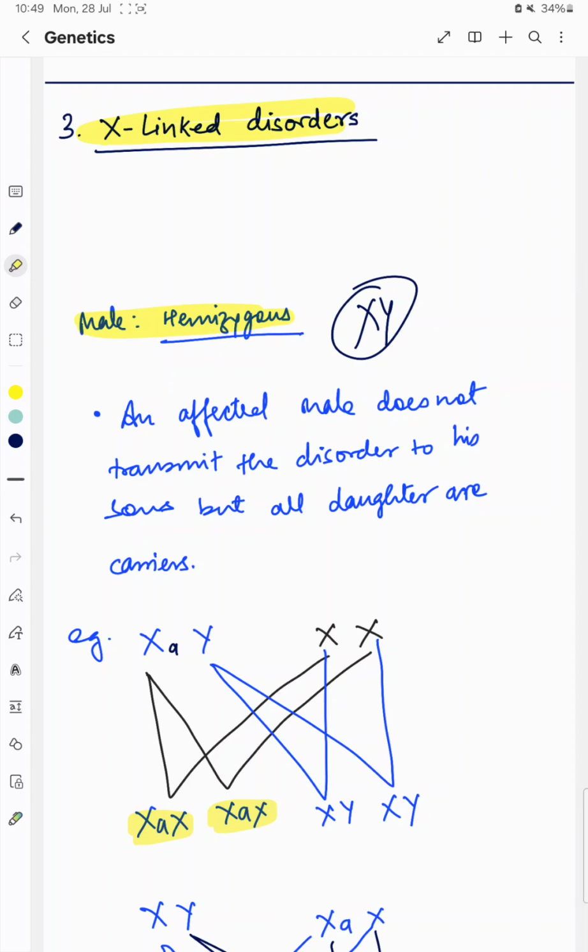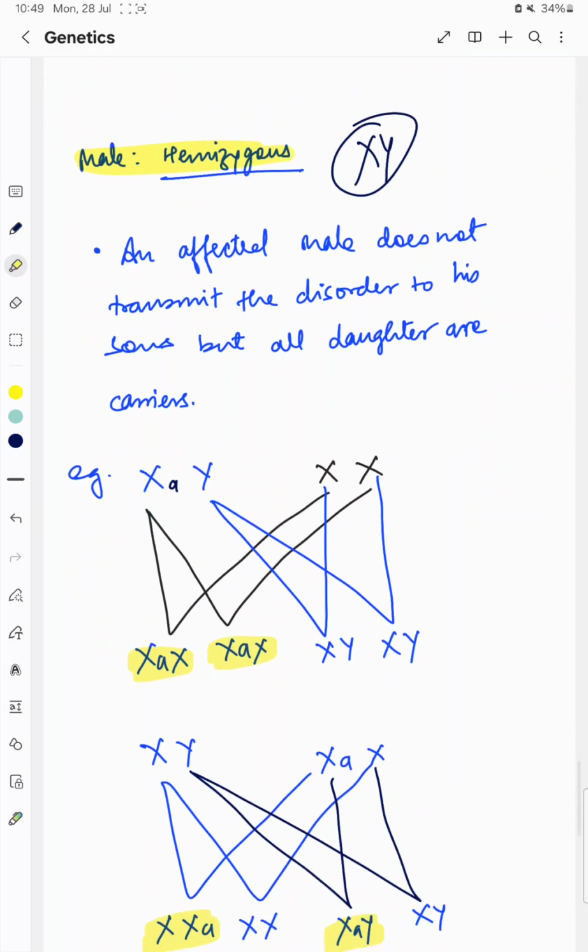Basically, an affected male does not transmit the disorder to his sons, but all the daughters are carriers, as seen in this pedigree. This is an affected male. All the daughters of an affected male are carriers and the males are normal.